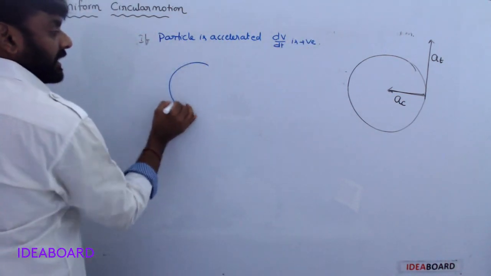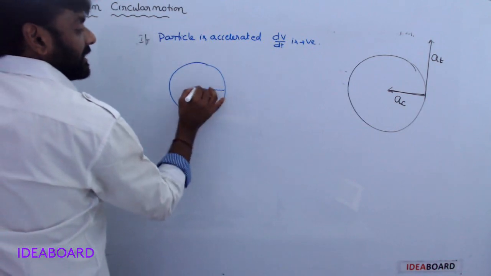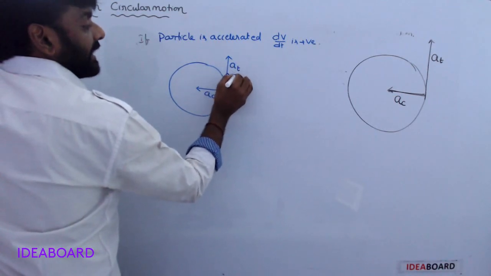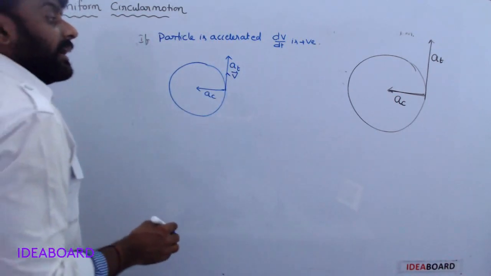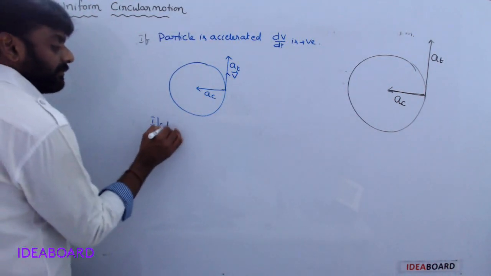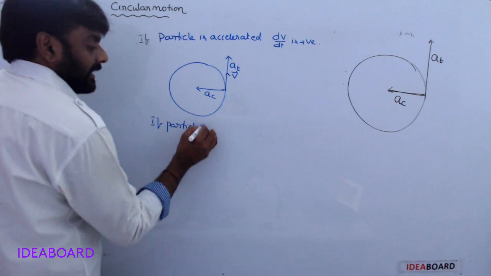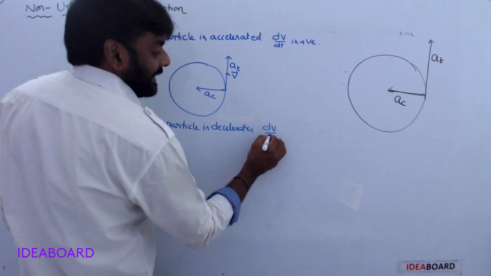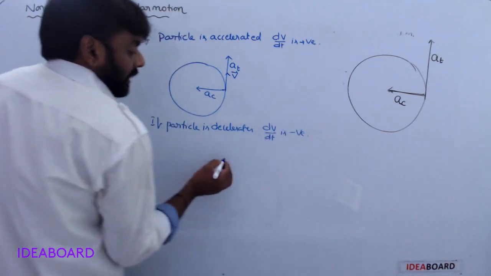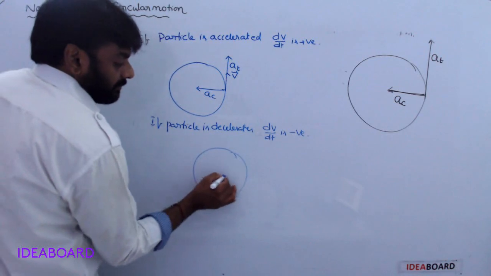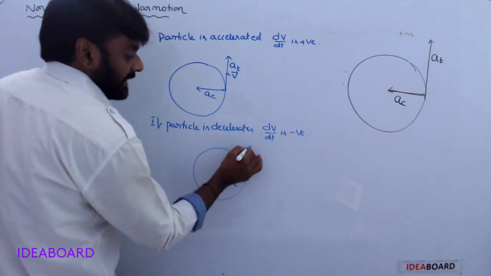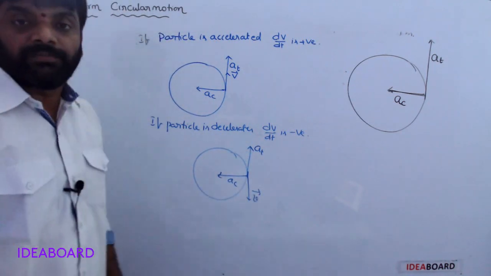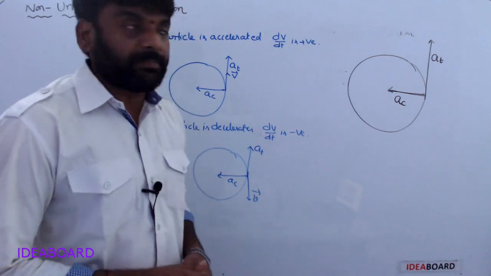In that case, tangential acceleration and velocity direction are both in the same direction. If the particle decelerates, dv by dt is negative. In that case, tangential acceleration and velocity direction are opposite. Understood?